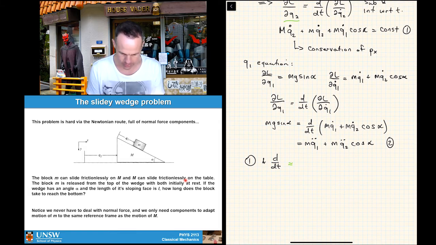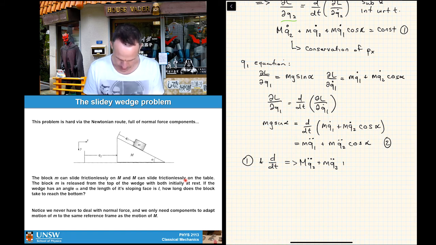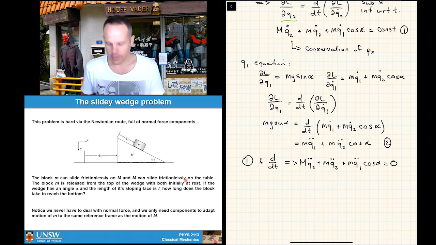So it's going to have big M Q2 double dot plus little m Q2 double dot plus m Q1 double dot cos alpha is equal to 0. Okay, so I've kind of just undone the thing that I did to get 1.